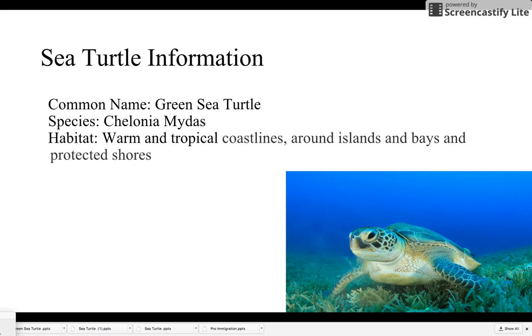Typically, in the US, they live in warm tropical coastlines around islands and bays and protected shores. And because of their eating habits, you won't really find them out in the open ocean. You'll find them closer to shorelines and things like that.